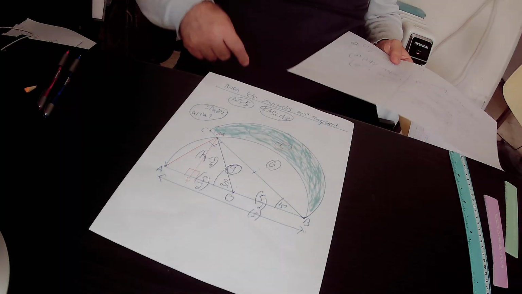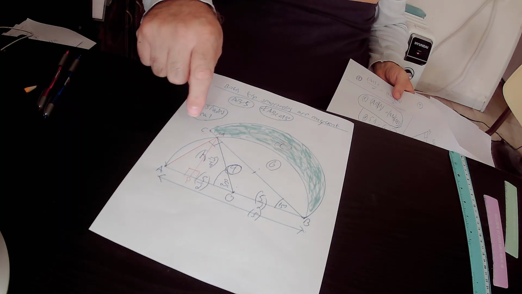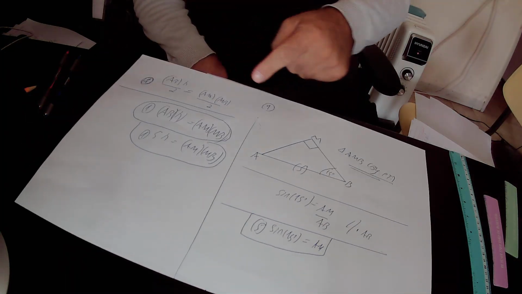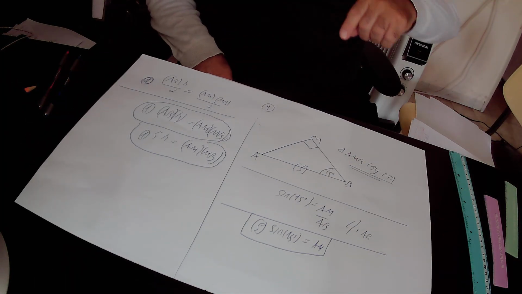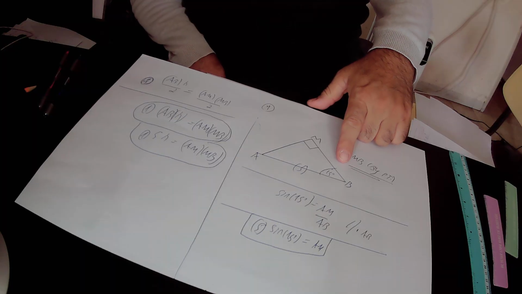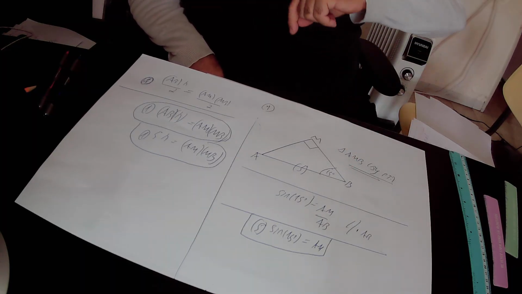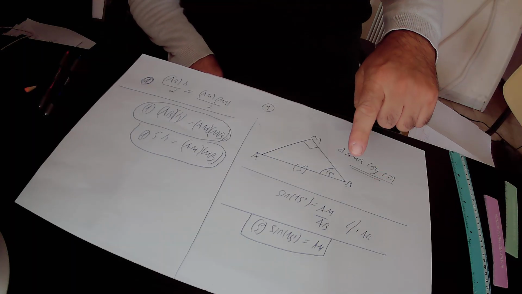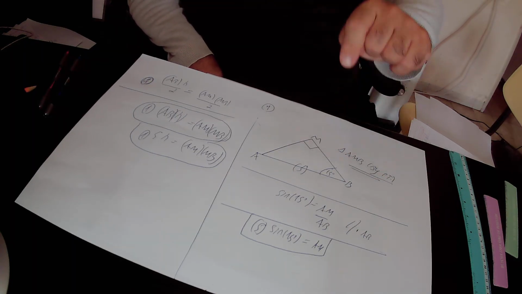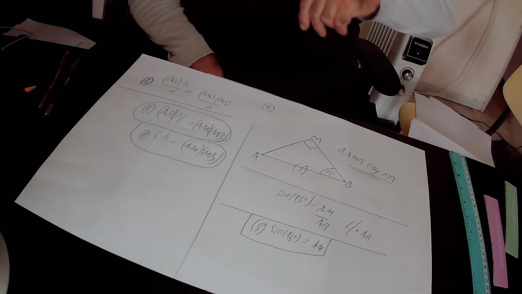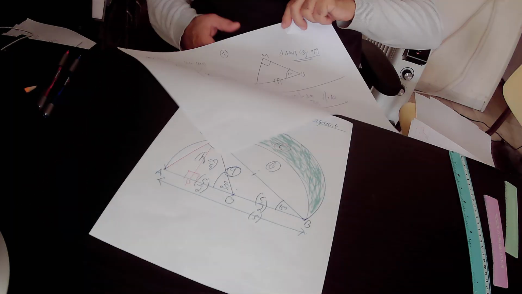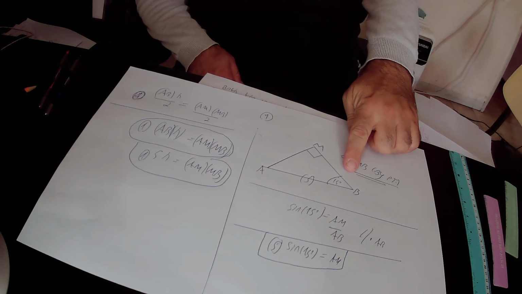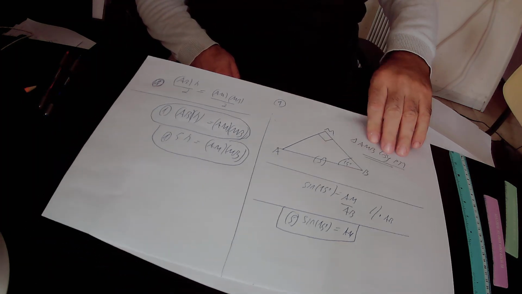In the next step, I copied the right triangle AMB and analyze it further. This is the triangle AMB from the original drawing. In this triangle, sine 15 degrees equals AM over AB. Here we multiply this equation by AB and find out that AM equals 5 times sine 15 degrees. Here, cosine 15 degrees equals MB over AB.